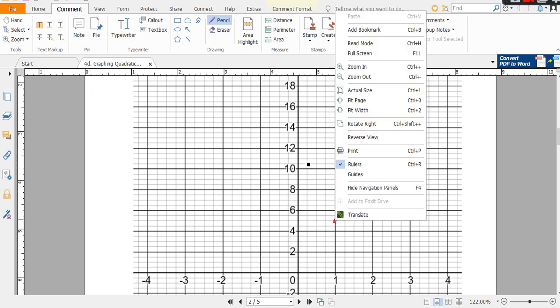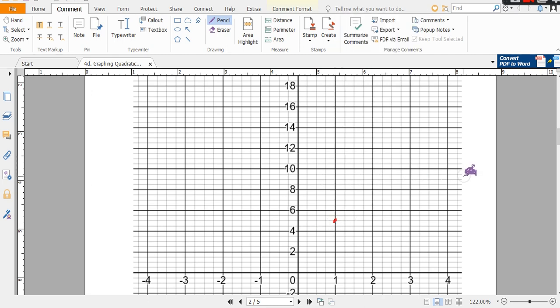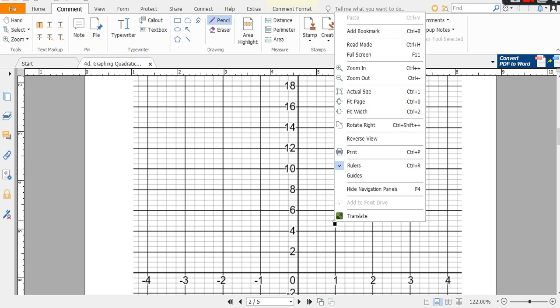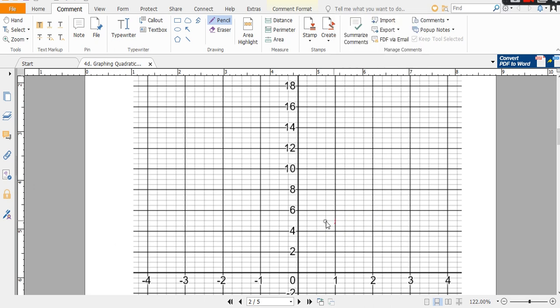Now, then I ask myself, is this going to be opening up or down? In other words, is it going to be a happy face or a sad face? Well, how do we find out? So here's (1, 5).